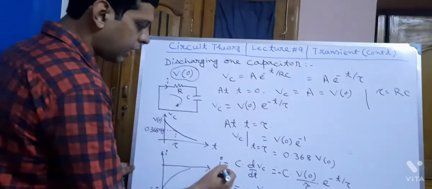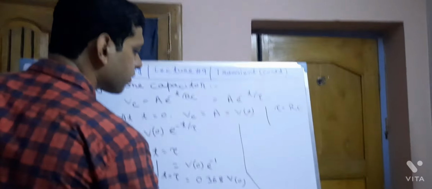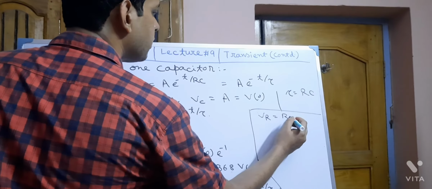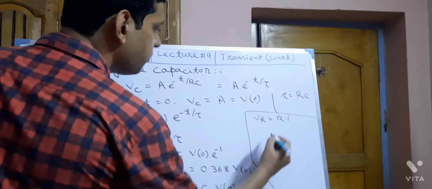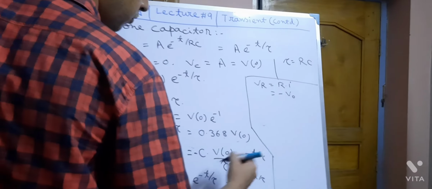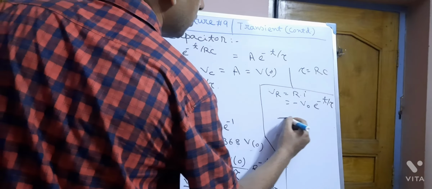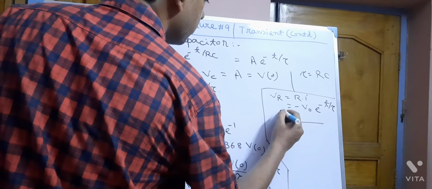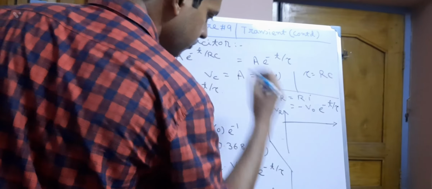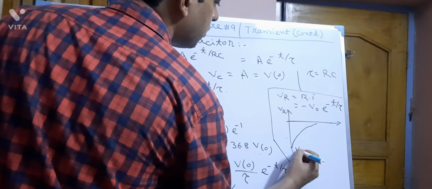So if I is this one, then VR, the voltage across the resistance, equals R into I, which means minus V0 e to the power minus t by tau. So if we plot VR, or voltage across the resistance, we will get this waveform.